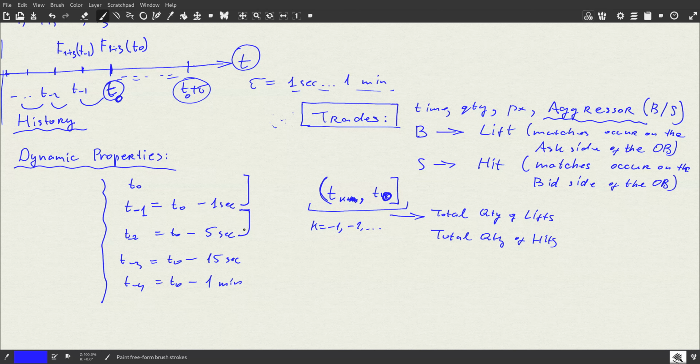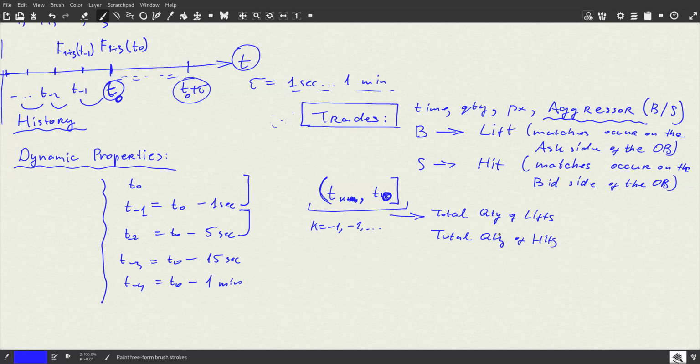So how do you think we would normalize this total quantity? Remember that using absolute values in machine learning is almost surely a bad idea. We should use relative quantities.